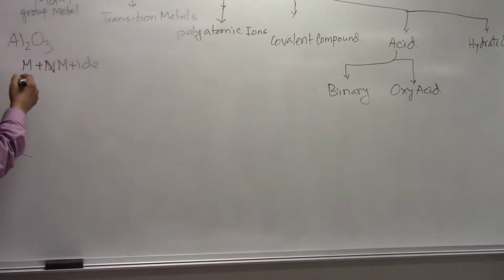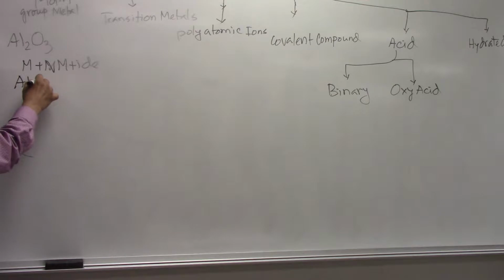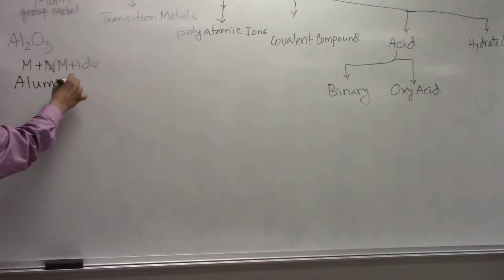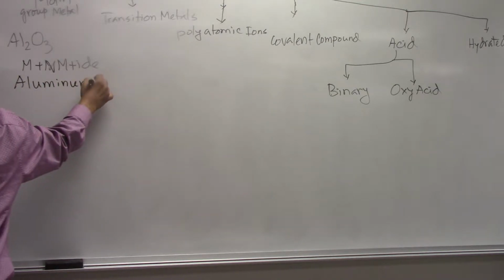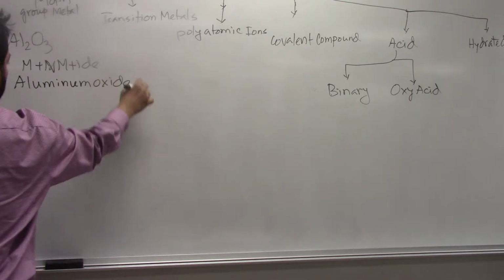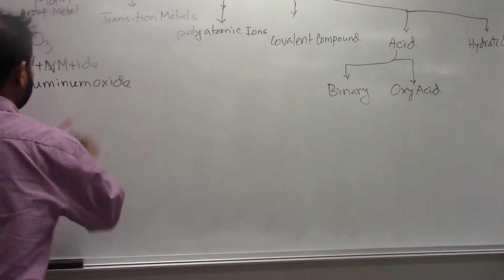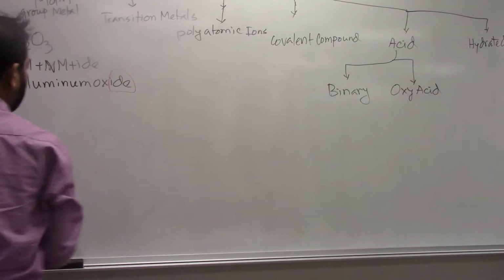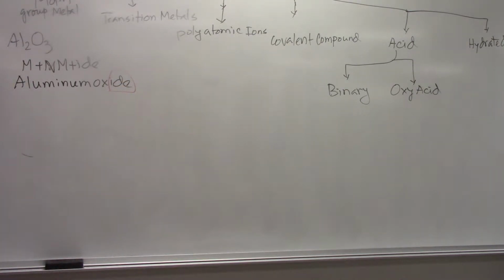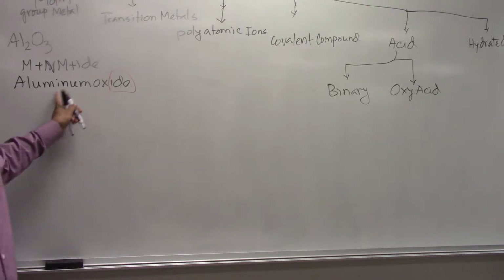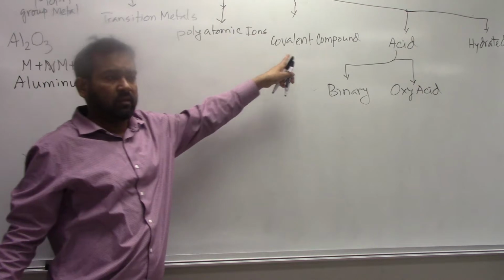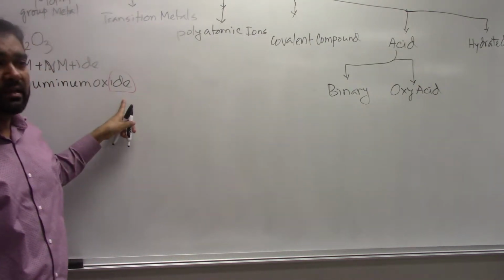The name would be aluminum oxide, right? You added IDE. So this IDE is for non-metals. All non-metals in a compound become IDE. It could be ionic, it could be covalent compound. It always becomes IDE.